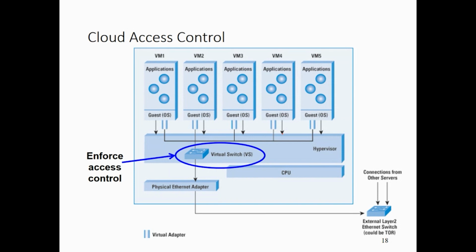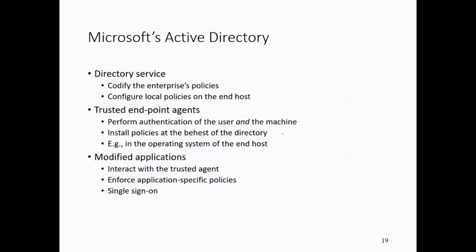That's why cloud access control is important for accountability, and also gives you billing information. They might charge you if you have increased the amount of usage, the bandwidth, or the capacity of storage, and so on.